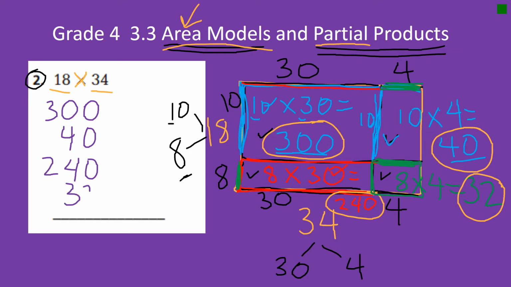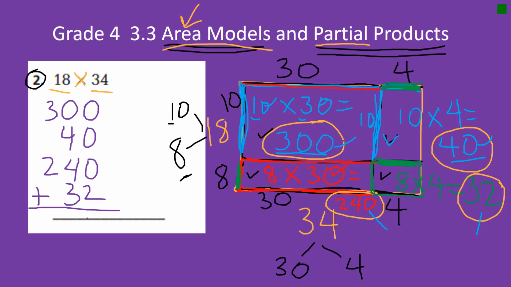And 32. And we add them, okay? 300, 340, 240, and 32 are 4 partial products we're going to add together to get the final product.